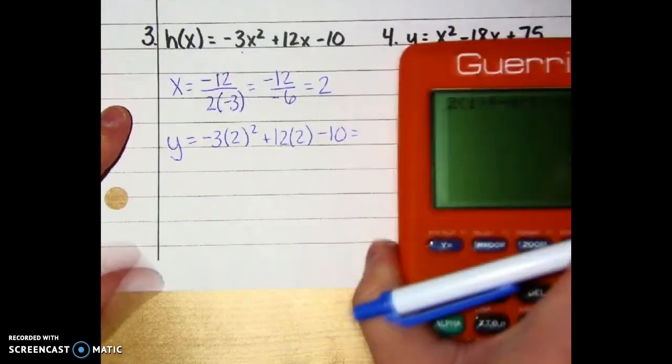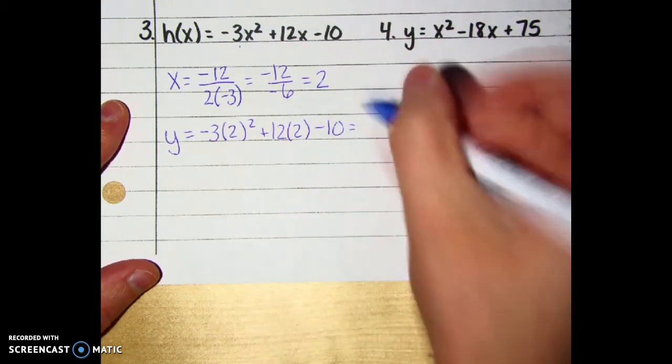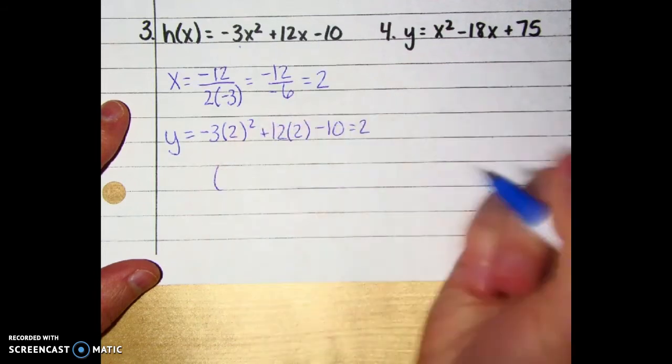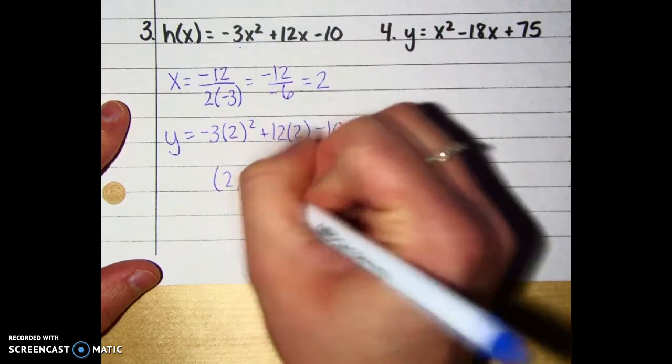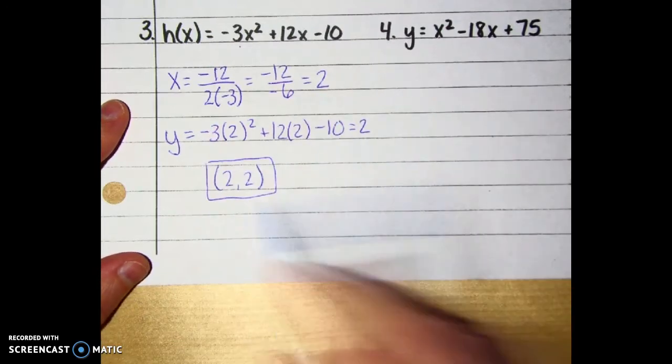And I'm going to type it in just like that. So negative 3, 2 squared plus 12 times 2 minus 10. And that's 2. So the vertex here would be 2, 2. So if you would graph it, the maximum or the minimum would be at 2, 2.